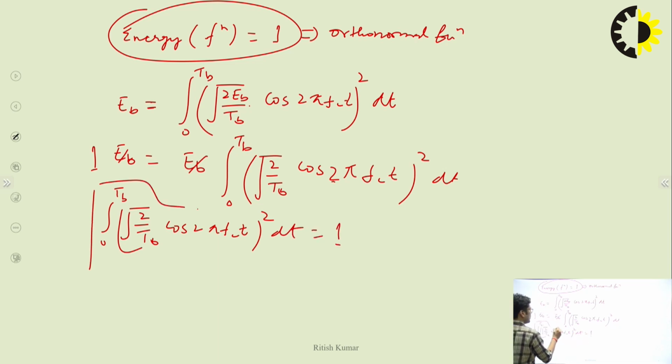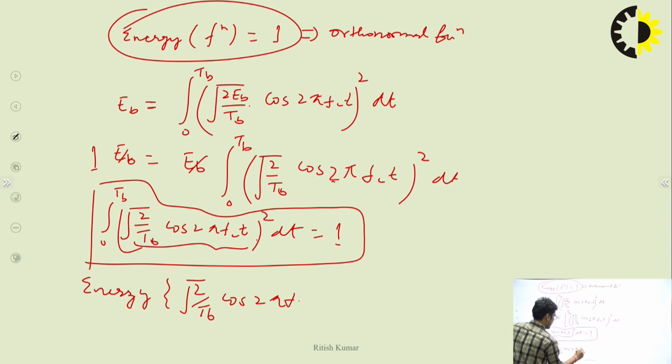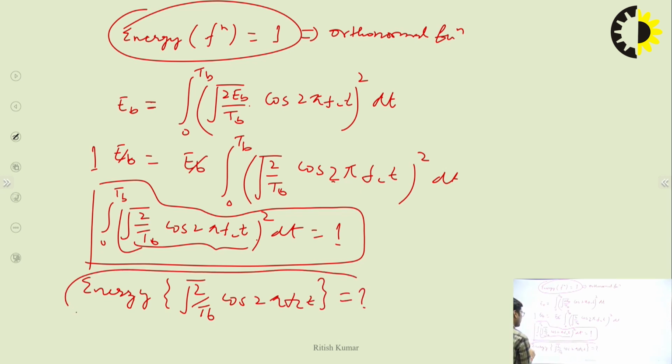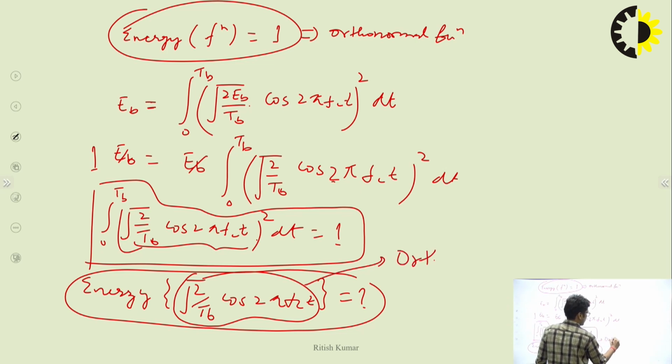So we can say the energy of this signal is equal to 1, that is, the energy of under root 2 by Tb cos 2 pi fc t is equal to 1. So this function is known as the orthonormal function.